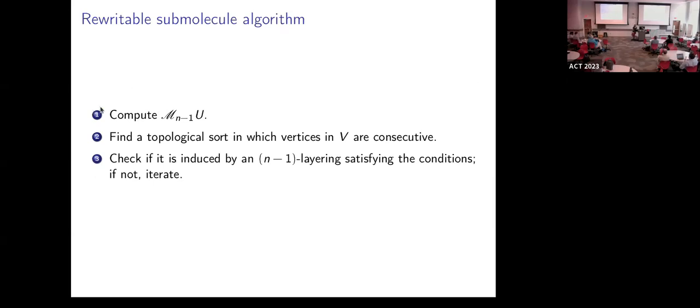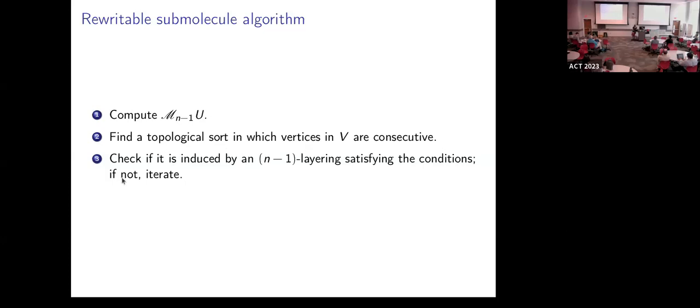So we first compute the n-1 flow graph of U. We then find the topological sort of this graph in which the vertices in V are consecutive. So this means that we find an n-1 ordering in which the vertices in V are consecutive. And then we check if this ordering is induced by an n-1 layering and it satisfies the extra conditions.